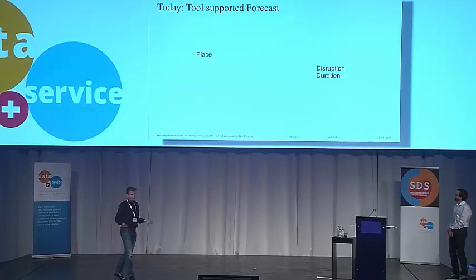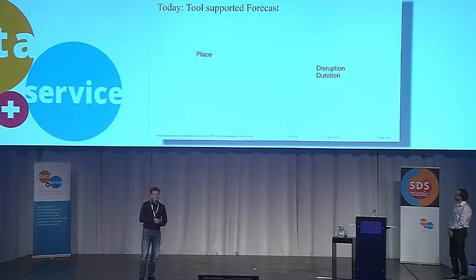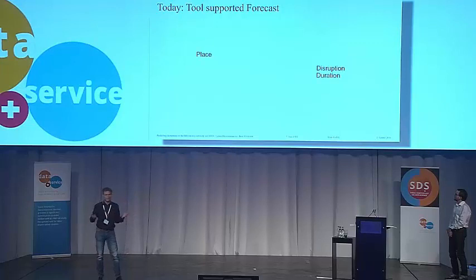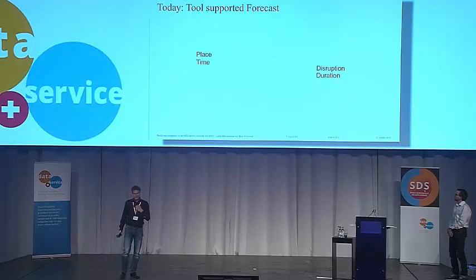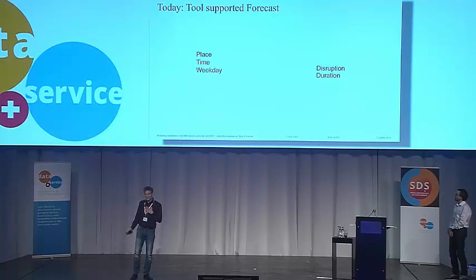We have some features, like the place where the disruption is. It's quite different if it's somewhere in the main station of Zurich or in Bern, or somewhere outside like Langenthal. Same with the feature of time. It's a difference if it is in the rush hour in the morning or somewhere in the afternoon. Weekday and weekend is not so critical.